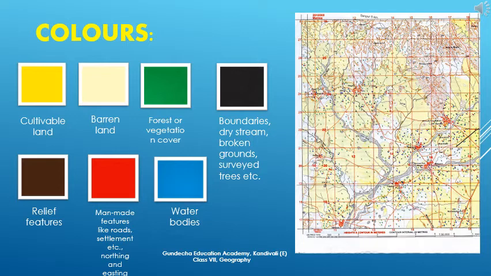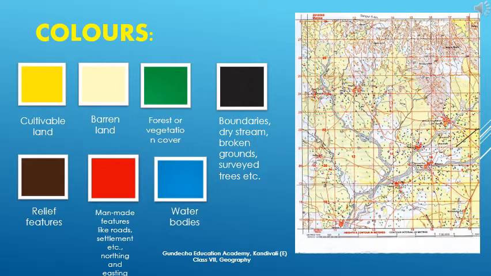Yellow color represents cultivable land, that means fertile land. White color means barren land or unfertile land or empty land. Green color represents tree, forest and vegetation cover. Black color represents all the boundaries, dry stream, broken grounds, prominent surveyed trees, etc.